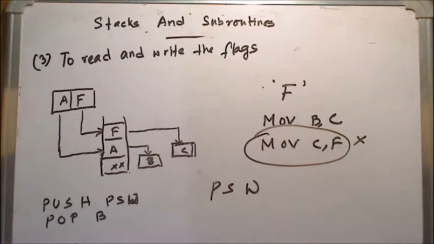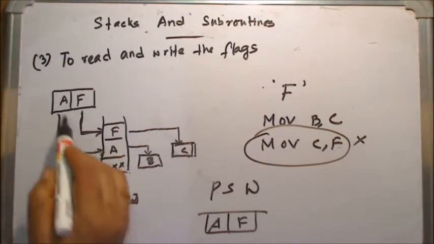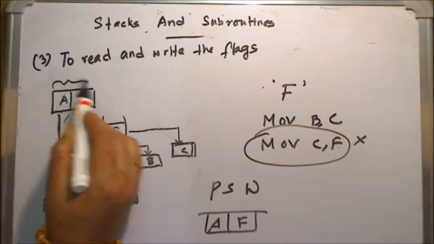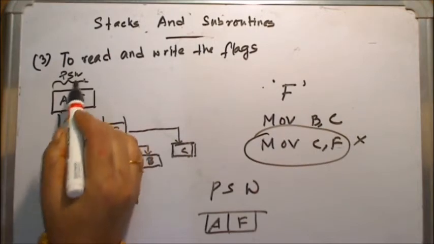Let's see what happens. What is PSW? It is the combination of the accumulator and the flag register. This will be pushed into the stack first. So if I write push PSW and pop B, what will happen?